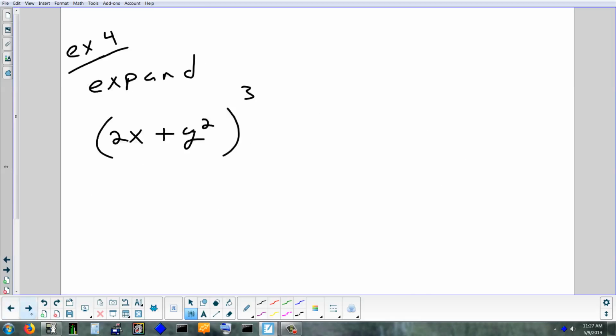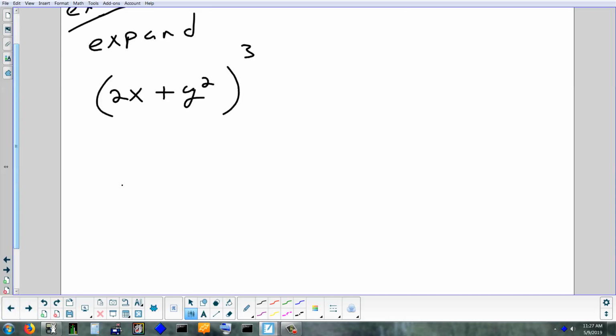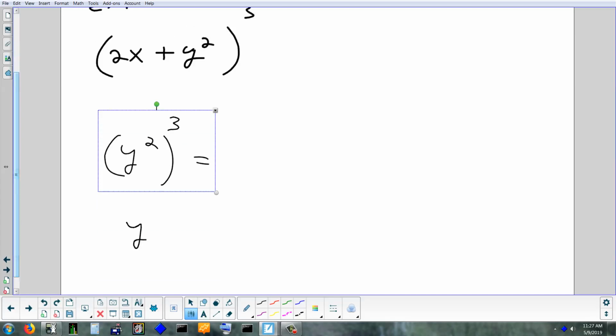Okay, now, the last one, I don't think we need to do this out, but what's going to happen here is you're going to end up with something like this eventually. You're going to have a power raised to another power when you write this all out. What do you do with the exponents when you have a power to a power? You add them if you had something like this. This would be y to the fifth.